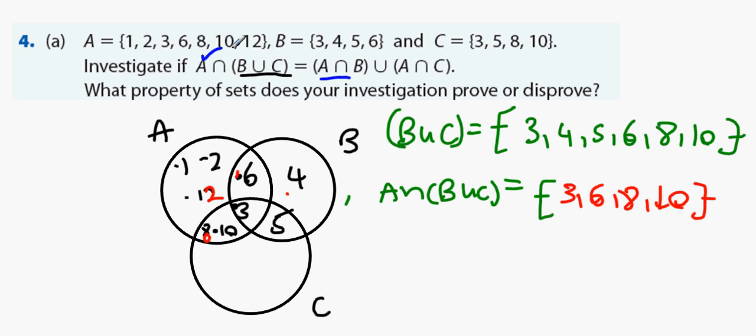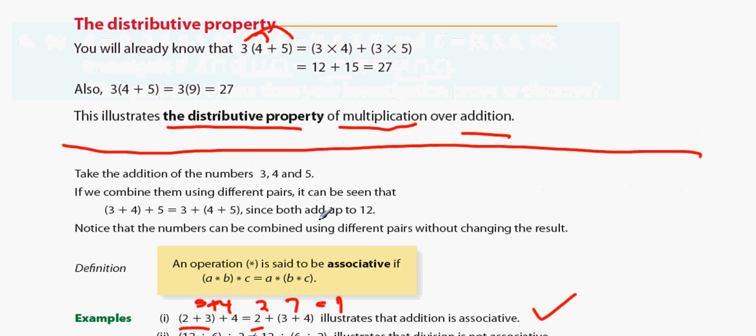A gets intersected with B first, and it gets intersected with C second. So we're basically breaking it up into two sets: A intersection B being the first one, and the red one, A intersection C. And we're replacing the intersection sign with the union sign. This is very evidently the distributive property. We're multiplying first instead of adding, so we're going to check out if this is distributive.